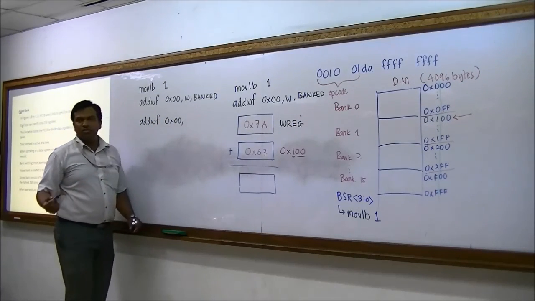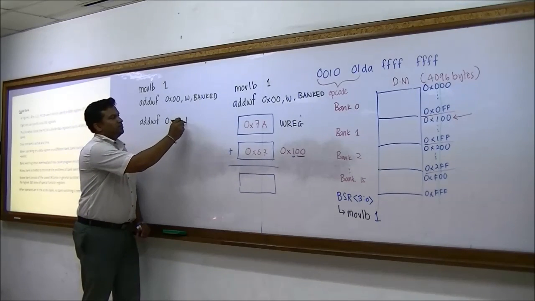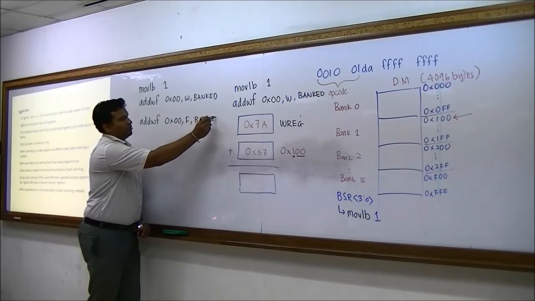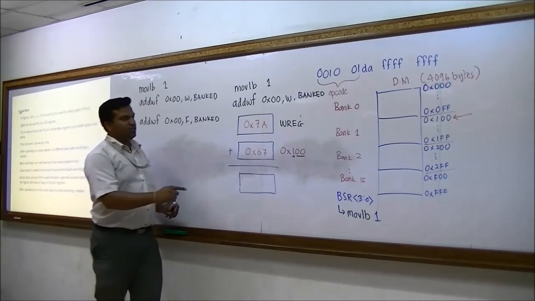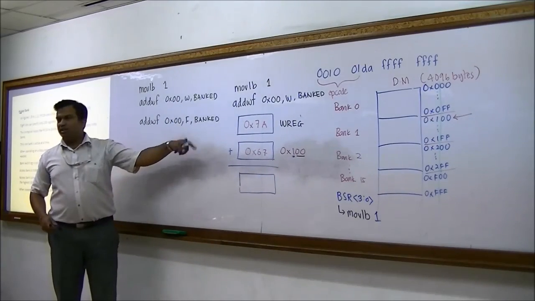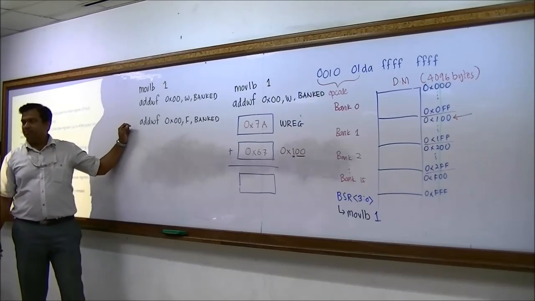Where do you want the answers to be stored? File register or working register? File register. Let's say in actual reality, after you add this one, you want to add with hex 200. Is it okay? So if you write the instruction like this, will it be correct?